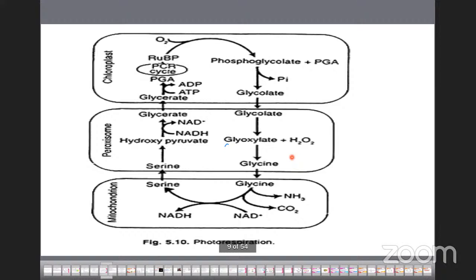Of the two separated molecules, one is serine, and another carbon molecule comes out in the form of carbon dioxide.